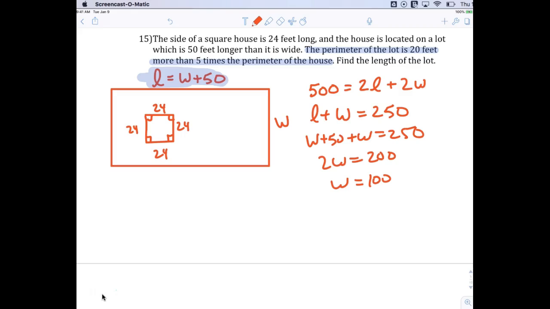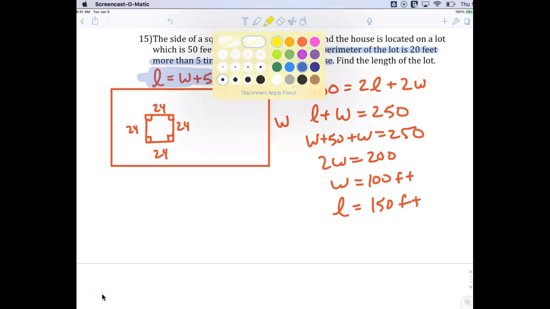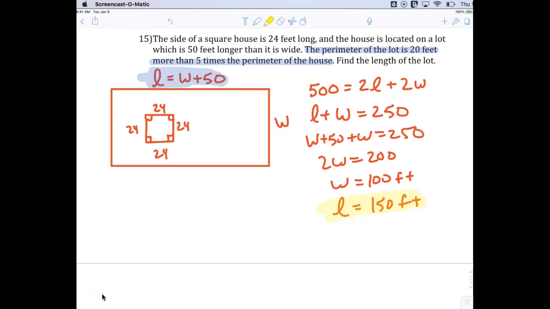Everybody happy with that? And if W is 100 feet, then the length would be what? 150 feet. And what are they asking me for here? The length of the lot. So my only answer is actually what? 150 feet. That's my only answer.